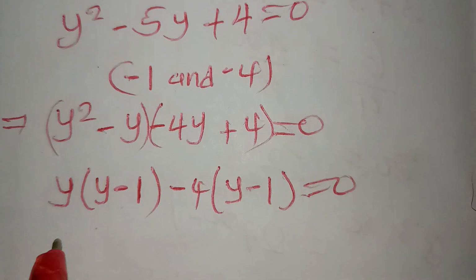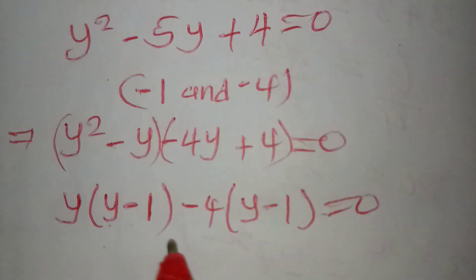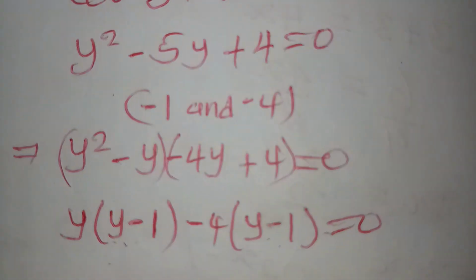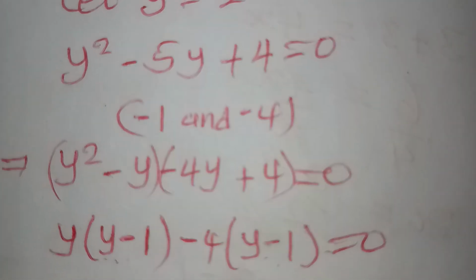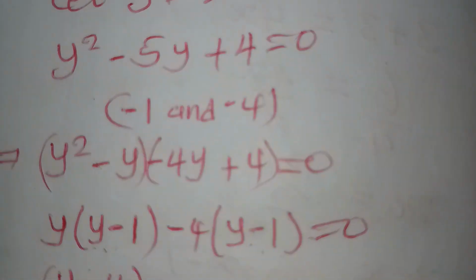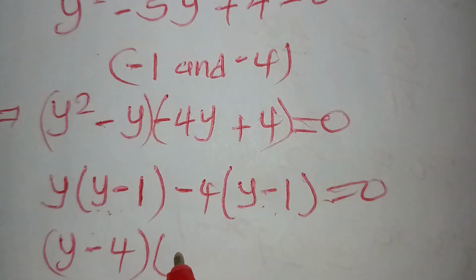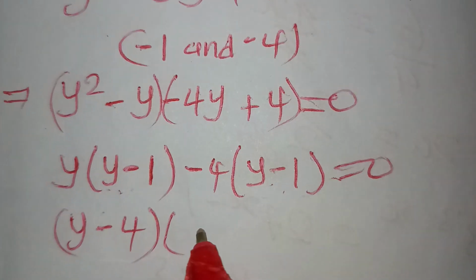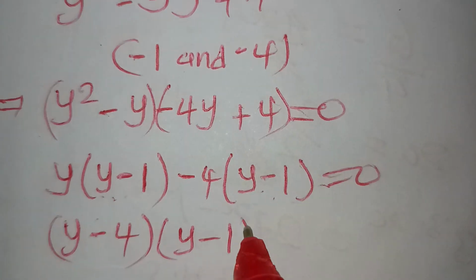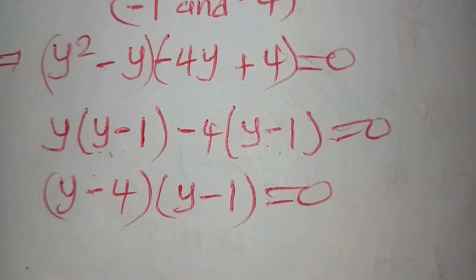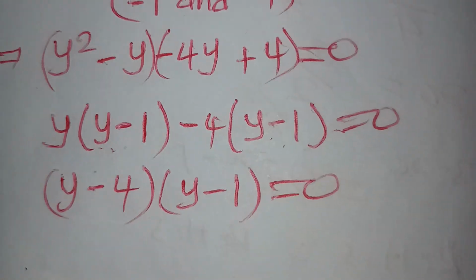The two bracketed terms here are the same, so we pick one and add the coefficient outside the bracket. We have y minus 4, then y minus 1 equals 0. How do we find the zeros?